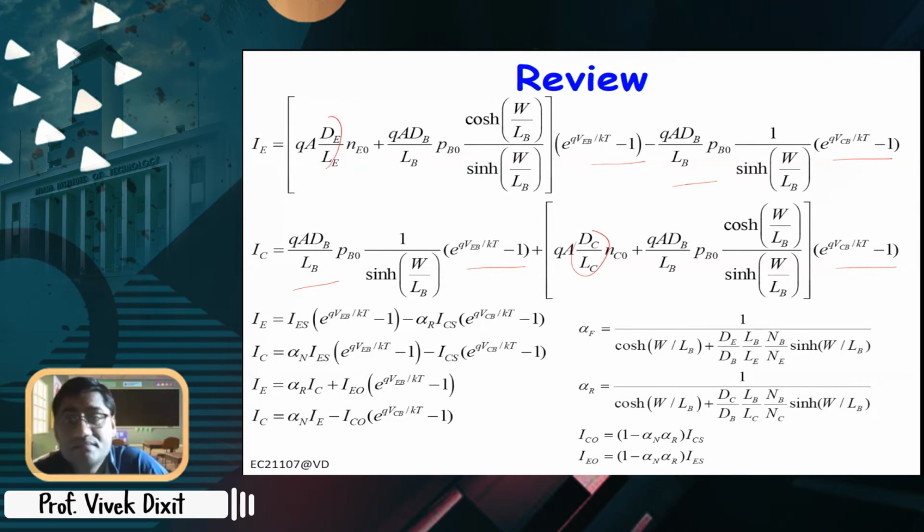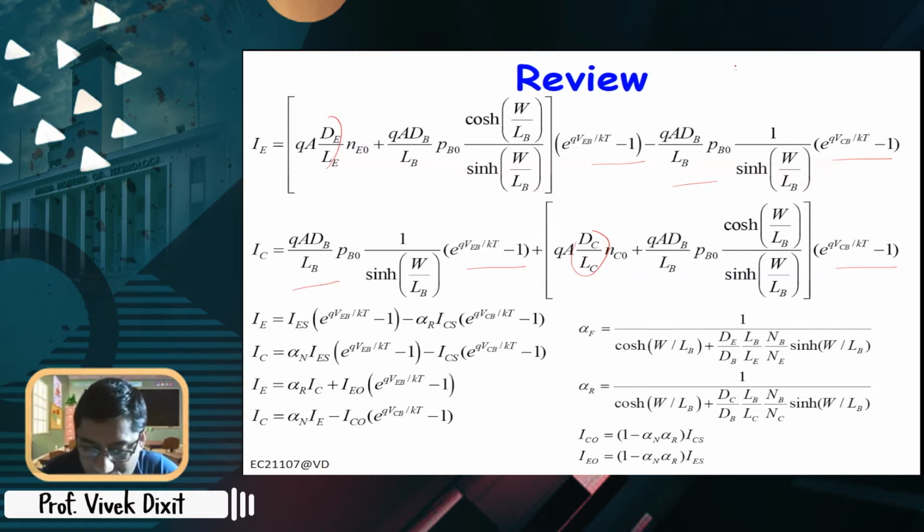Then we discussed a model. We wrote that IE is IES times exponential qV_EB by kT minus 1, minus alpha R ICS times exponential qV_CB by kT minus 1, and IC we wrote as alpha N IES times exponential qV_EB by kT minus 1, minus ICS times exponential qV_CB by kT minus 1, and that we represented using two diodes.